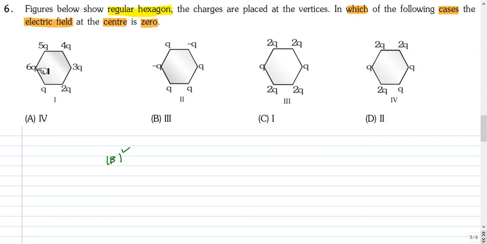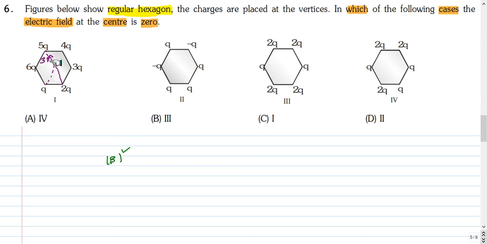So let's analyze these cases individually. In case 1, the net force due to this 5q and this 2q will be in this direction, say 3F. 2q will cancel this 2q, and so remaining 3 will be here, so there will be net force of 3F in this direction.